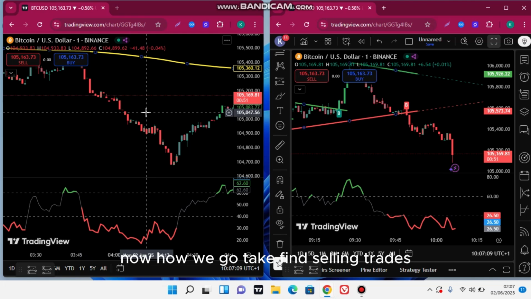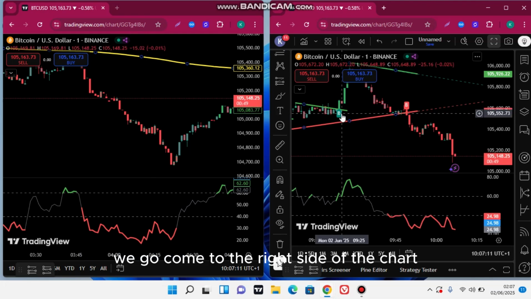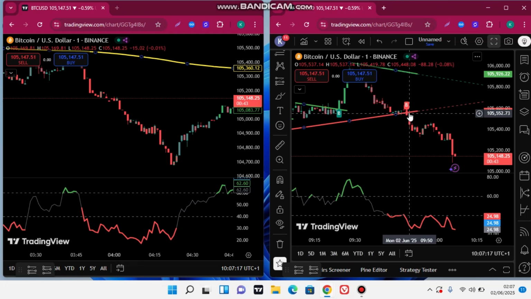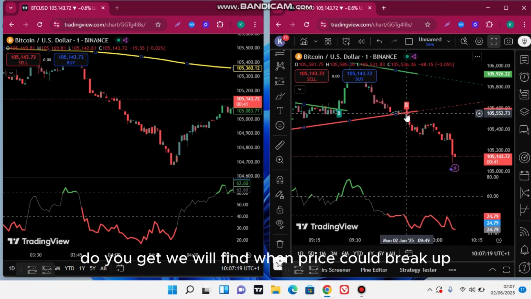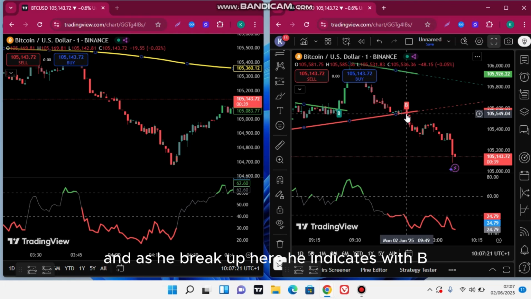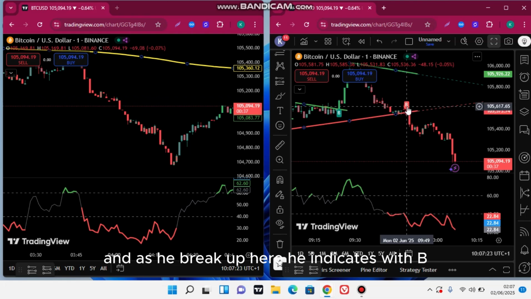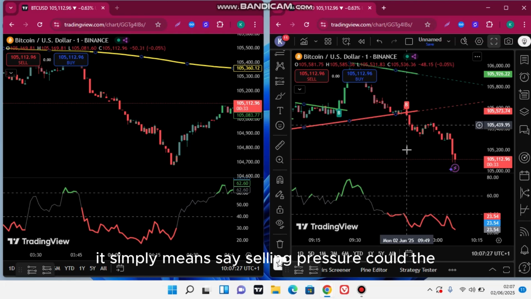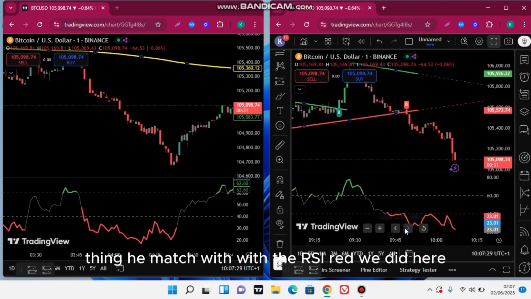Now how do we find selling trades? We go to the right side of the chart and look for when price breaks through this support. When it breaks, it indicates with a B, and as it indicates with a B, it simply means selling pressure, matching with the red RSI trend here.